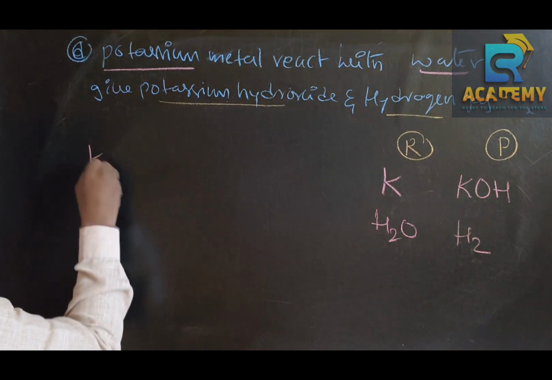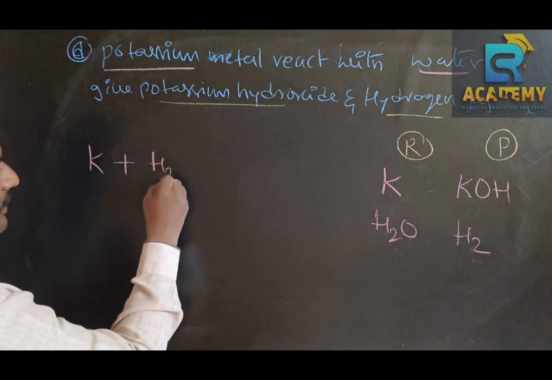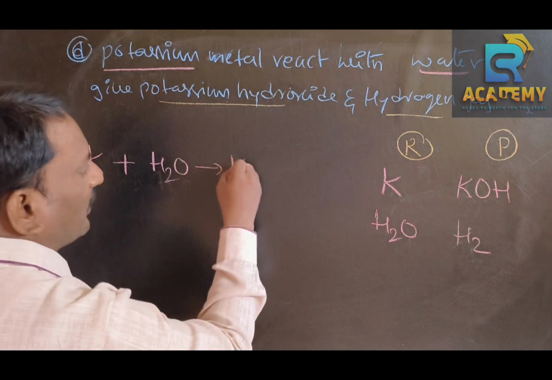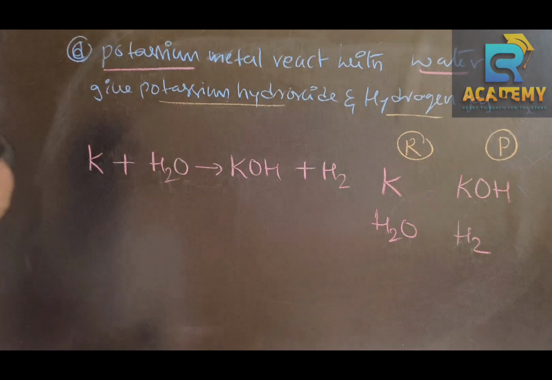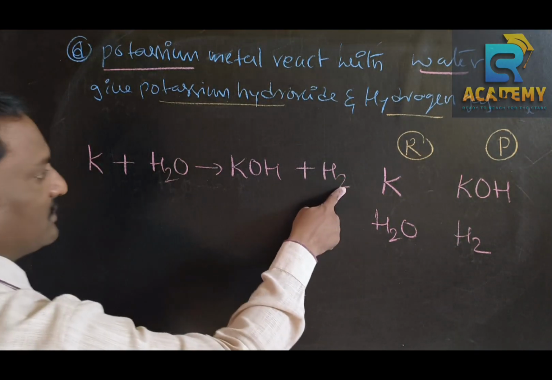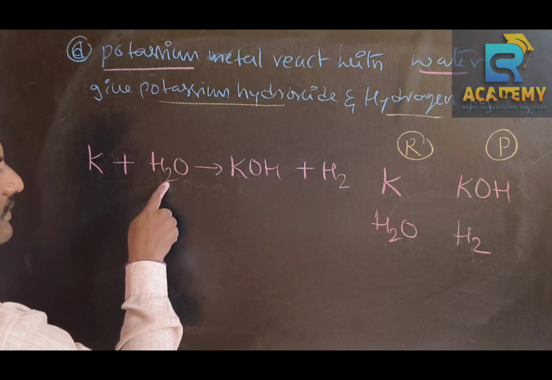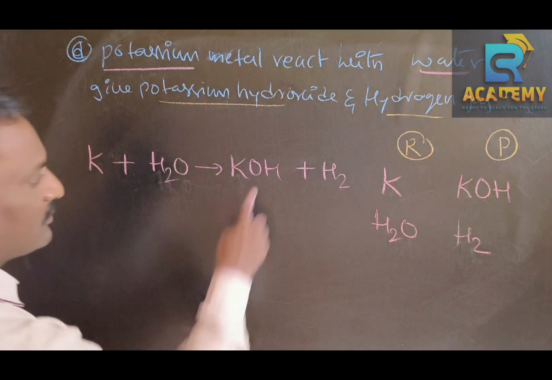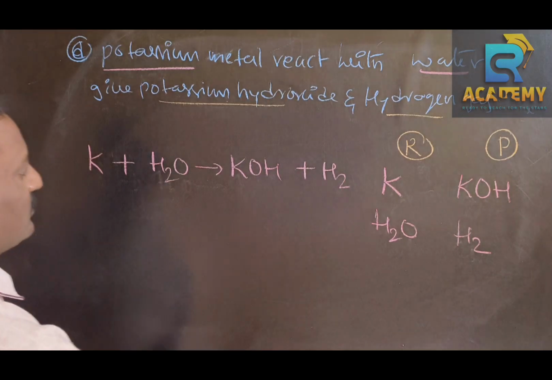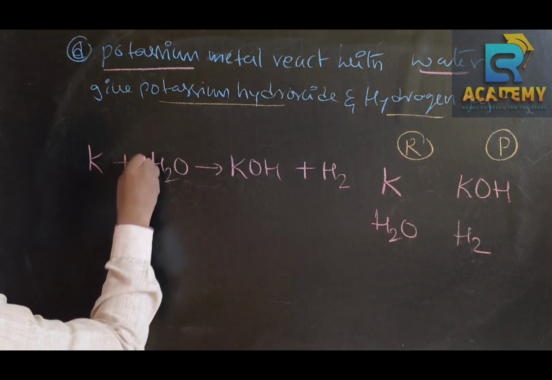So when potassium metal is dropped in water, we get potassium hydroxide and hydrogen gas. Here hydrogens are 2, and here hydrogens are 3 and 1, so multiply with 2.